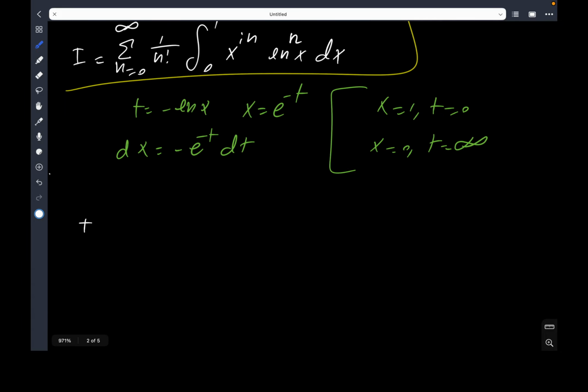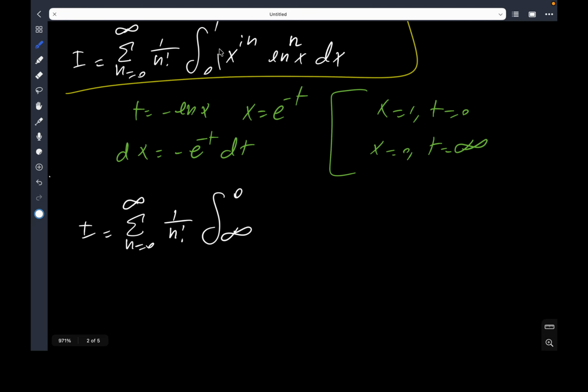Now I is the infinite sum from 0 to infinity of 1 over n factorial, integral from infinity to 0. My x is e to the negative t, ln x is negative t, dx is negative e to the negative t dt.